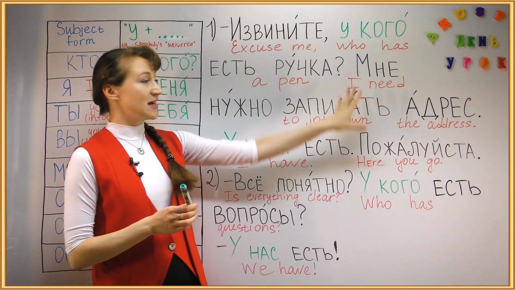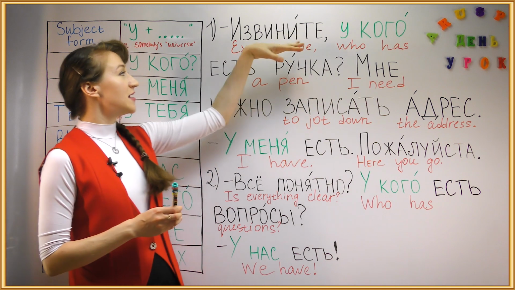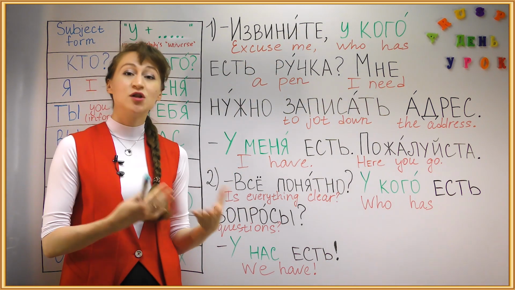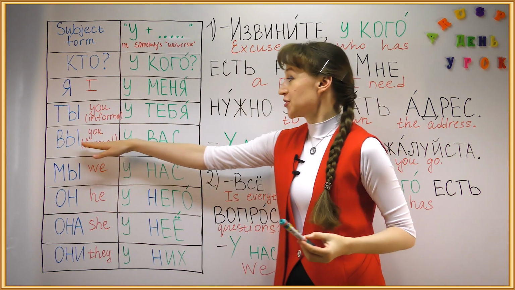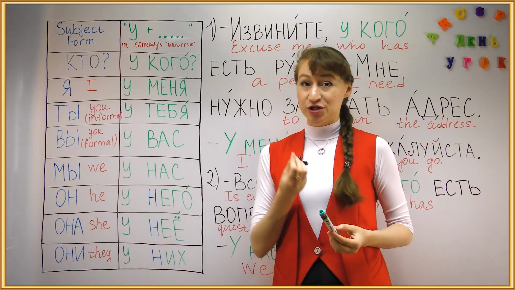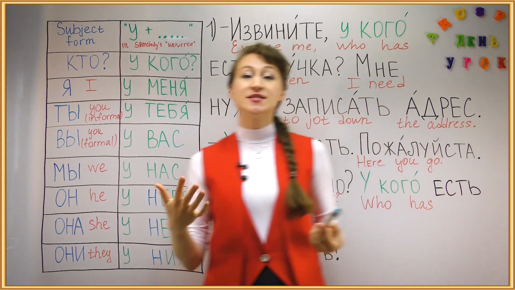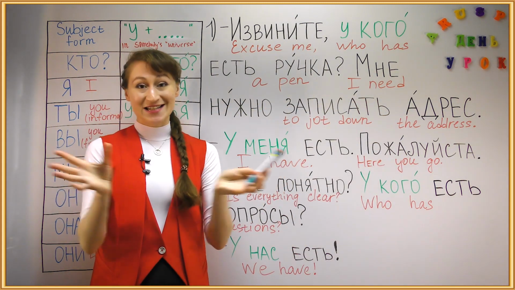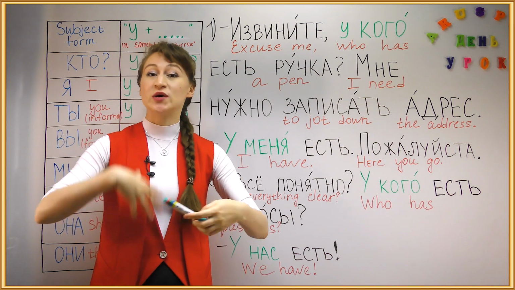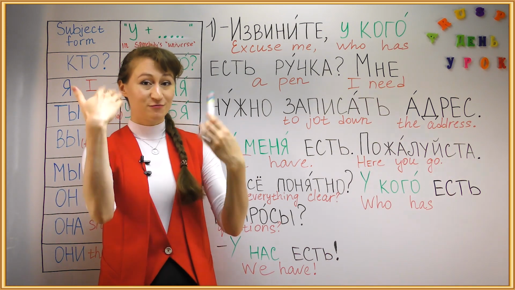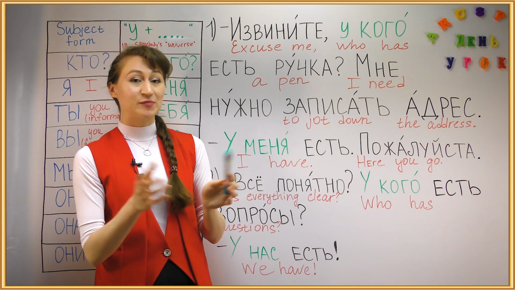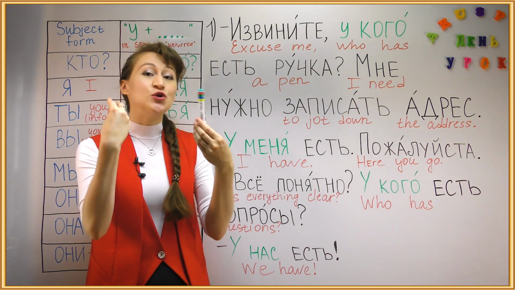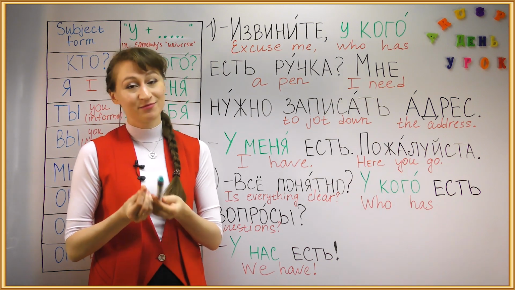And again, back to this example. Here we ask, извините, the plural or formal вы version of excuse me, because we are asking a group of people. We are addressing a group of people, so we address them вы, right? You plural. If you just want to ask one person, do you have a pen?